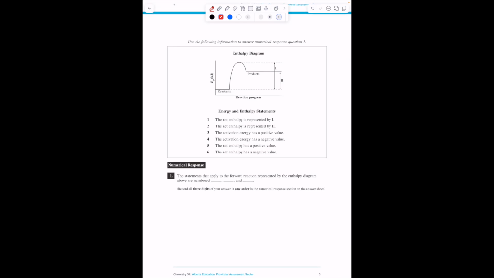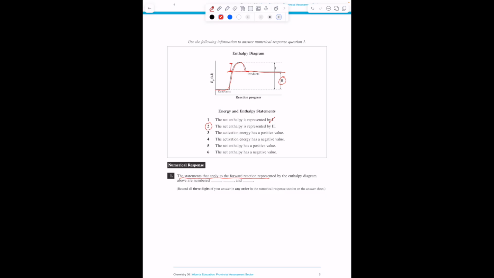The statements that apply to the forward reaction are, all right, so forward obviously means this. And the net enthalpy has to be this, so 2. The activation energy, that's this part between there and there.